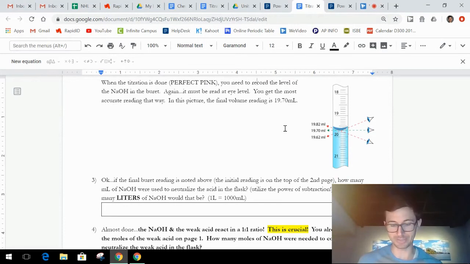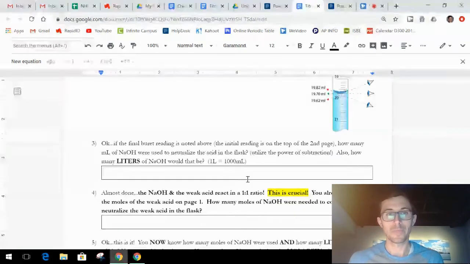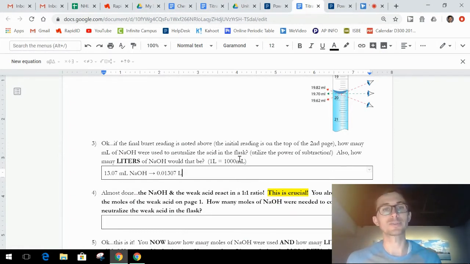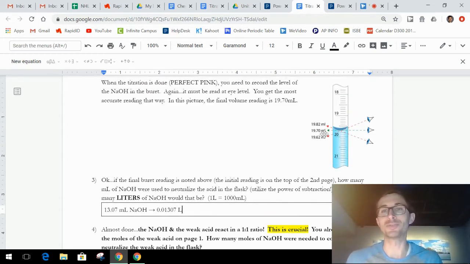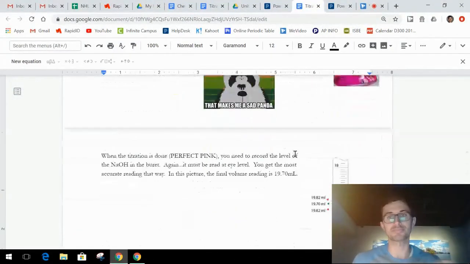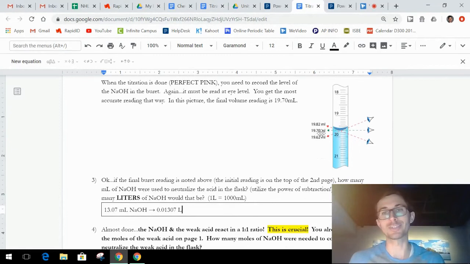So if we subtract 6.63 from 19.7, we get 13.07 milliliters of NaOH used, and in liters that would be 0.01307 liters because 1 liter is 1,000 milliliters. Again, this reading doesn't tell you how much was used, because the original reading was this, and then you used a certain amount of NaOH until the final reading was 19.7.